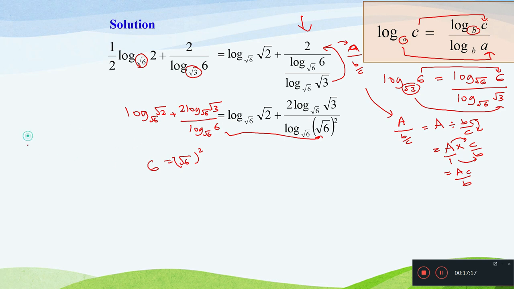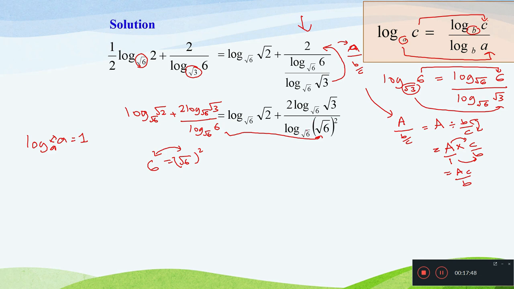Well, that's because we want to use this rule: log a base a is equal to 1. So if the base is the same, the value of these two are the same, then the answer is 1. Since we cannot use our calculator, that's why we change 6 to be square root of 6 squared. But to make sure that they are still equal, you have to write square there.